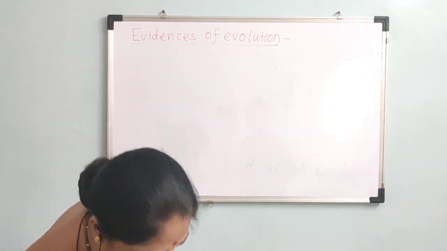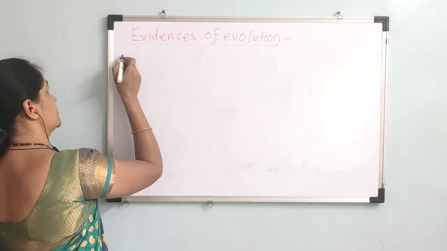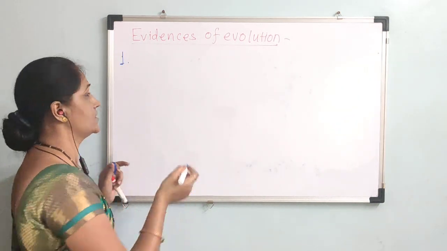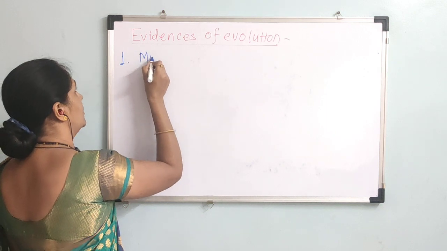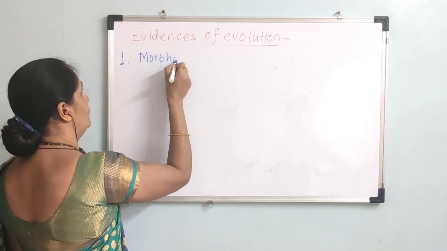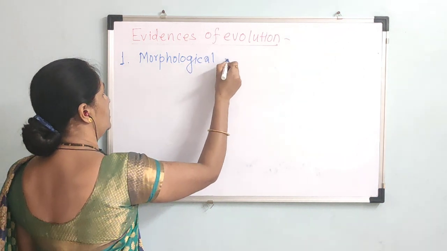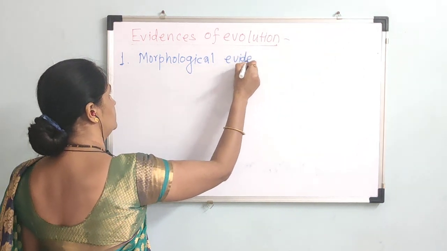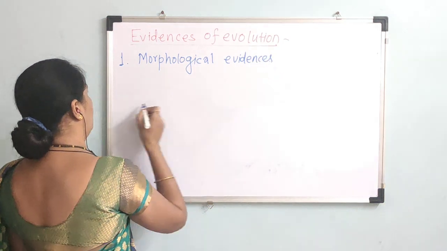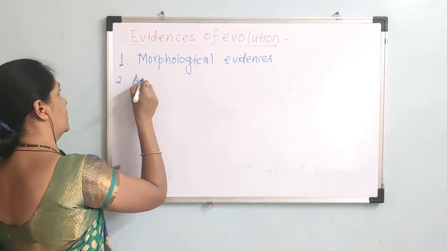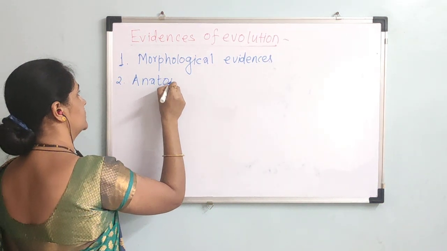That is, first, morphological evidences. Next, anatomical evidences.